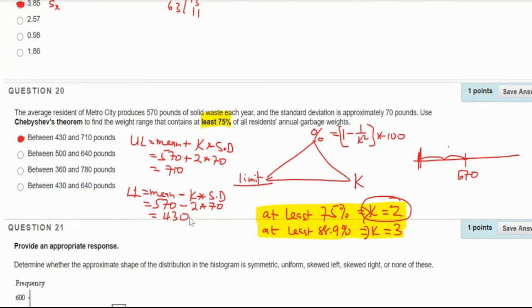One step is 70, so it's the same as 570 minus 140. Then going the other way, 570 plus 140. Even if you don't remember these formulas, you can use the number line. As long as you know the K, you should be able to get those.